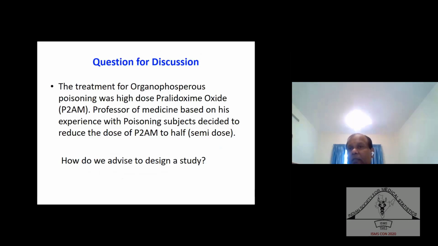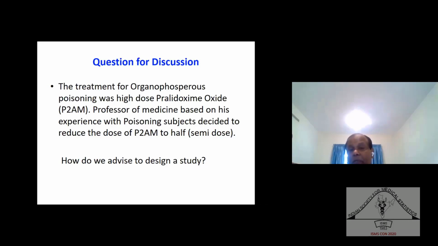Organophosphorus is a fertilizer, a chemical which is used for agricultural work. So people consume this and commit suicide. So this is a very common poisoning in and around Sri Lanka, India, Bangladesh, and so on, mostly Asia.